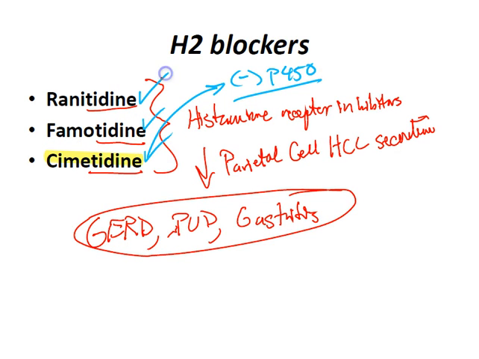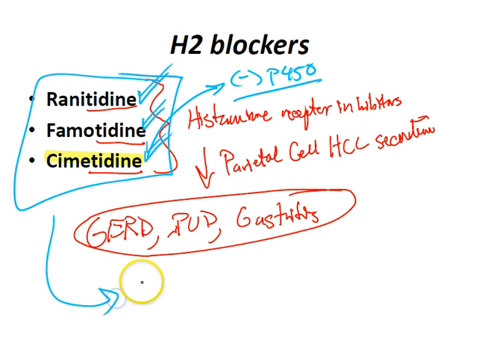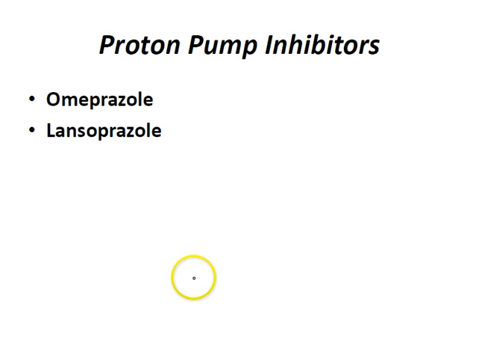All three of these can cross the blood-brain barrier, all three can cross the placenta, and all three can get into the skin, the pancreas, anywhere. That's why we're using these histamine blockers. These three are very fat soluble. So remember that.